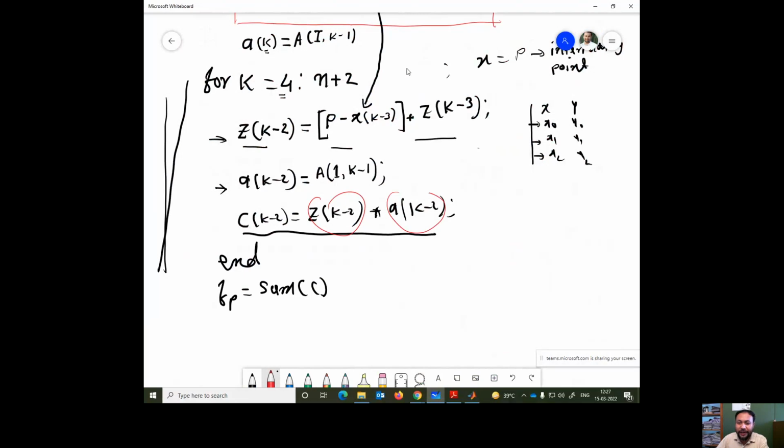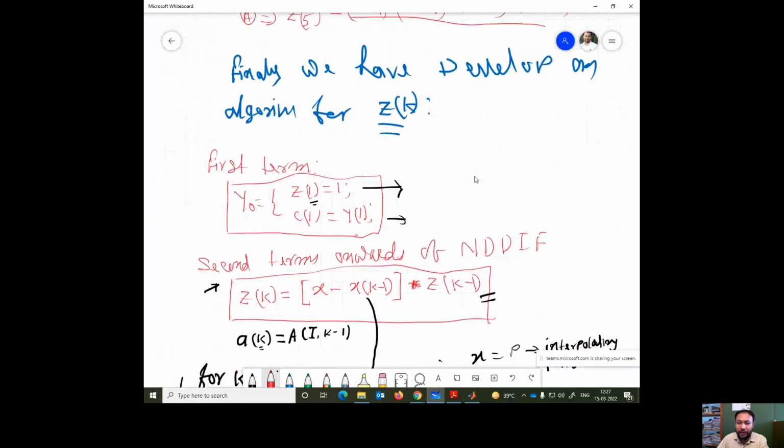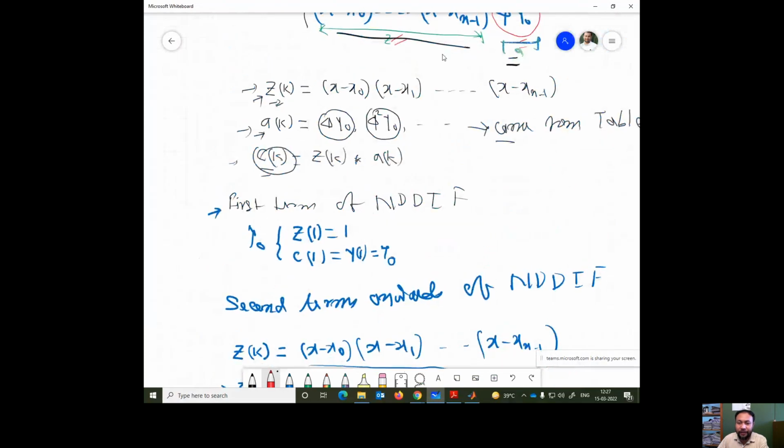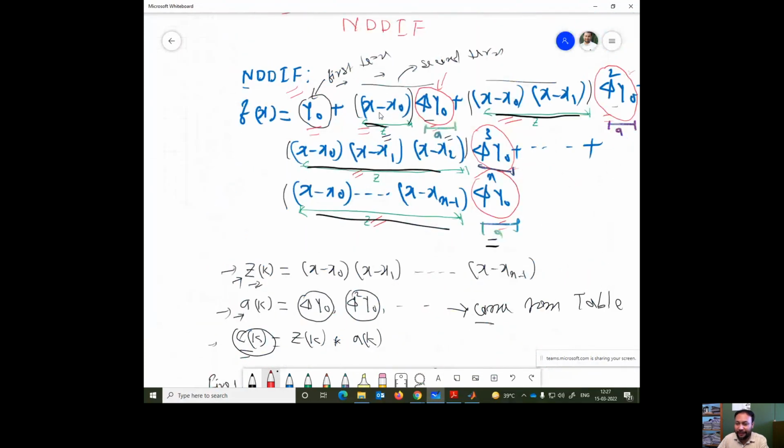Why should I sum C here? Let's look here at the Newton divided difference interpolation. It has been observed that the first term, second term is Z into A, Z into A. Finally, I have to sum up. If I multiply Z into A, this is C. Finally, for the Newton divided difference interpolation, I have to add the first term, second term, third term up to the nth term.